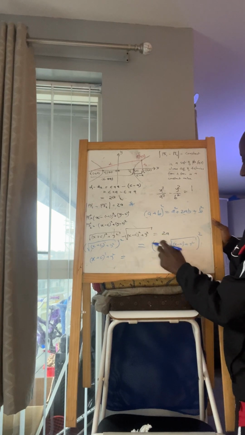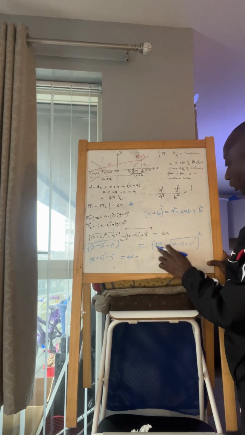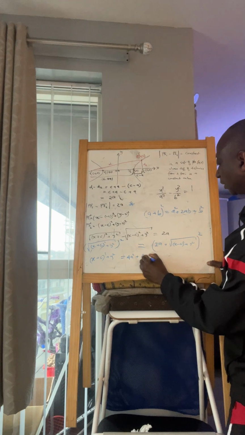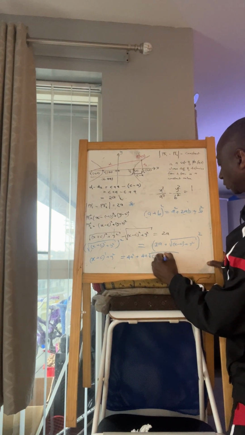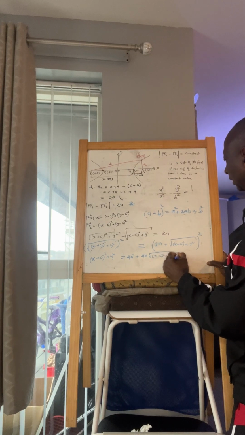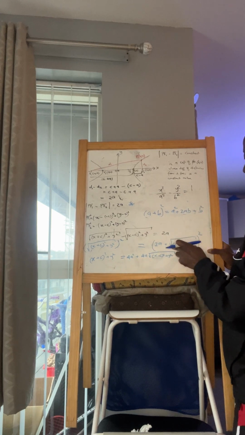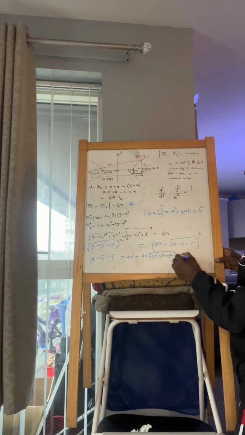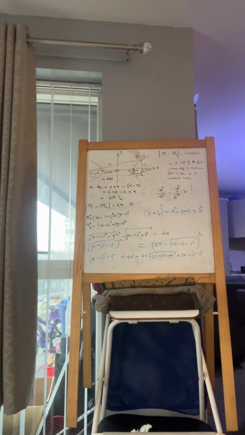We have this one, which is 4a squared, plus twice their product. Already you have 2 here, times 2, so you get 4a, the square root of x minus c squared plus y squared. Then you now have b squared, which is d squared. Again, when you square this, just the square root will go away. So you have plus x minus c all squared plus y squared. This is what you get.